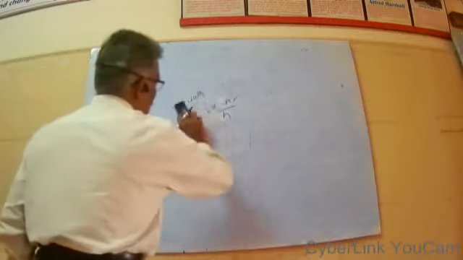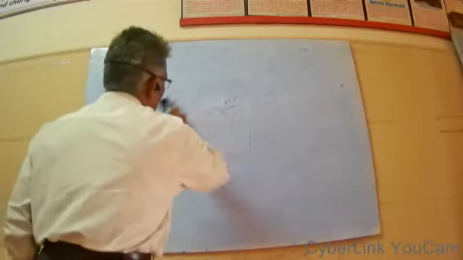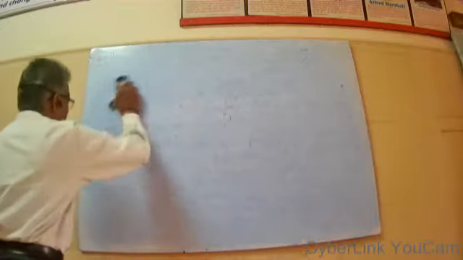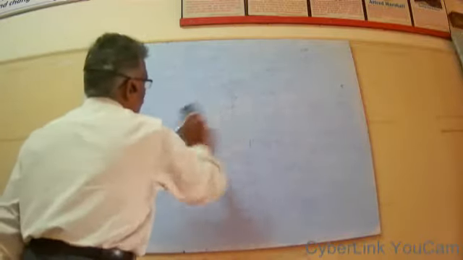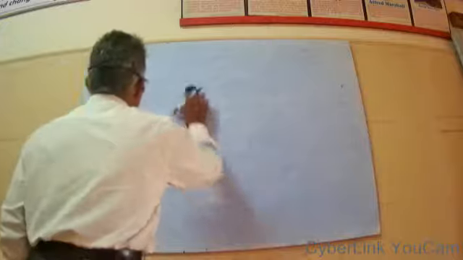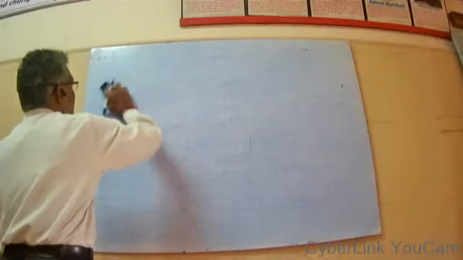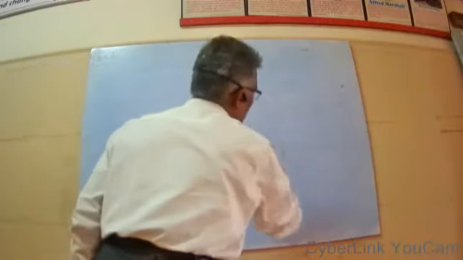Then add a to the value obtained in step 5. So the arithmetic mean by the step deviation method equals a plus h into the sum of f into d, divided by capital N.